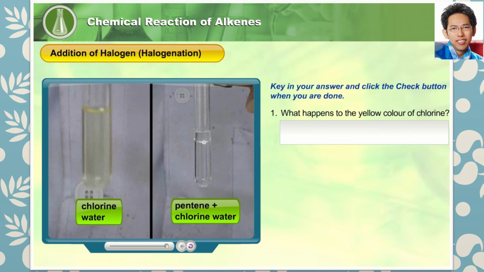Key in your answer and click the check button when you are done. When pentene is added to chlorine solution, the yellow color of chlorine is decolorized immediately.